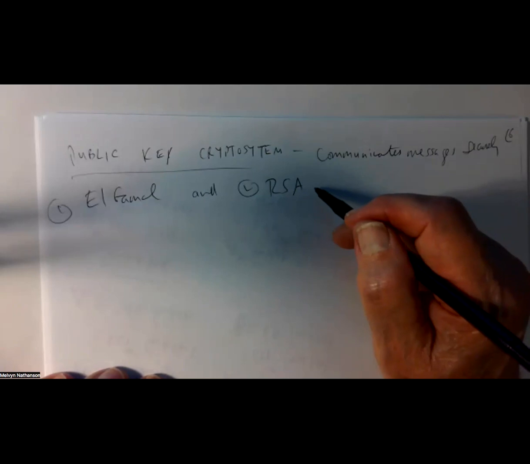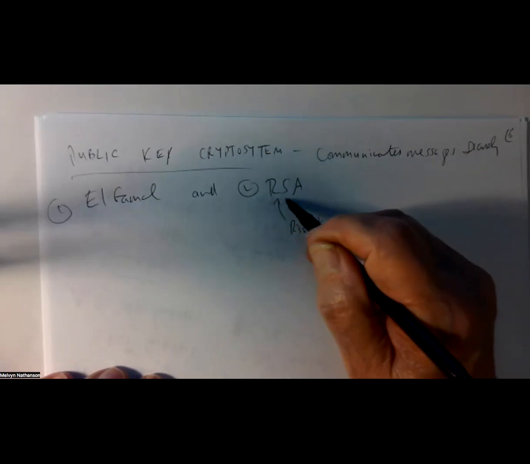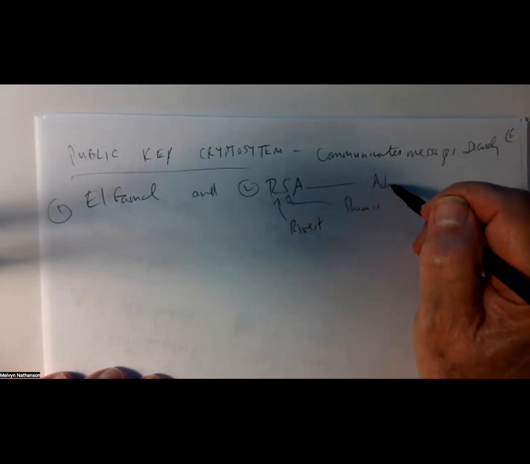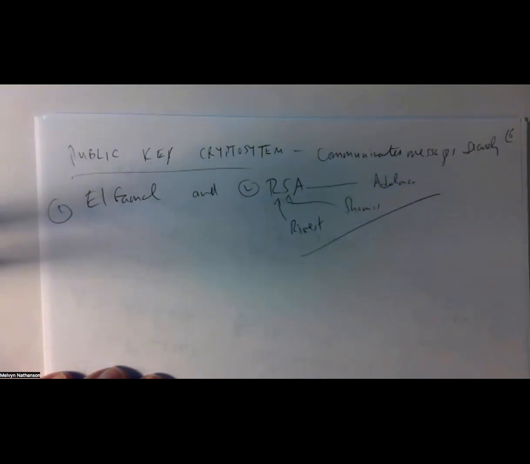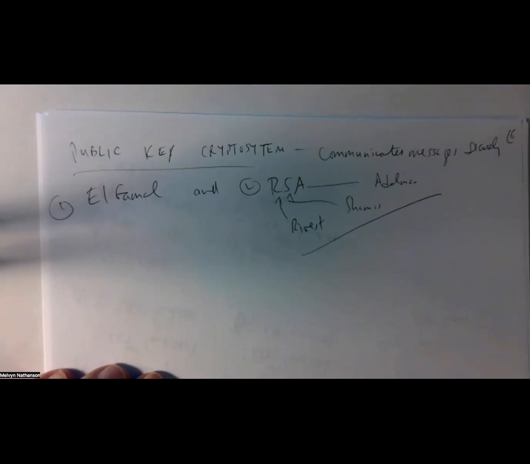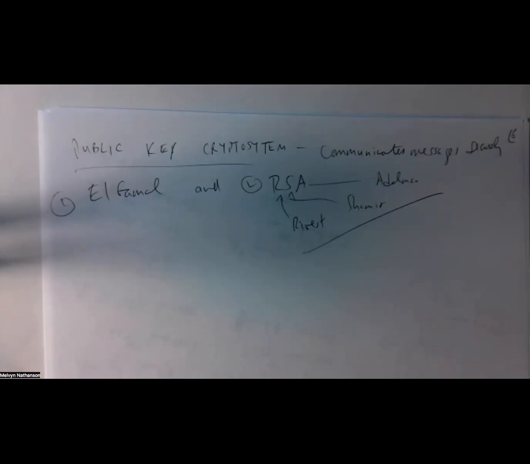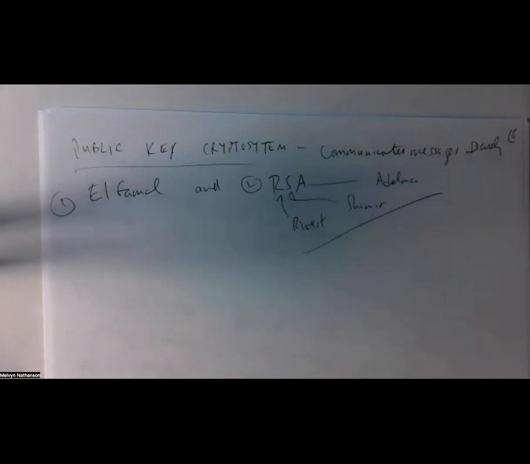The letters came from the names of the people who discovered it. Rivest, Shamir, and Edelman. The story is, I don't know if it's true, that Rivest and Shamir were professors at MIT working on this problem. And Edelman was a graduate student who used to hang around the coffee room in the MIT computer science department.